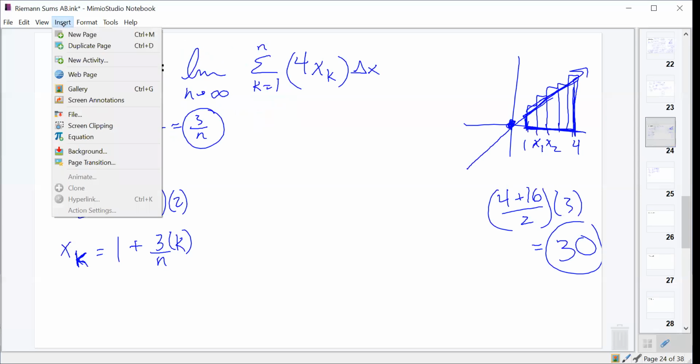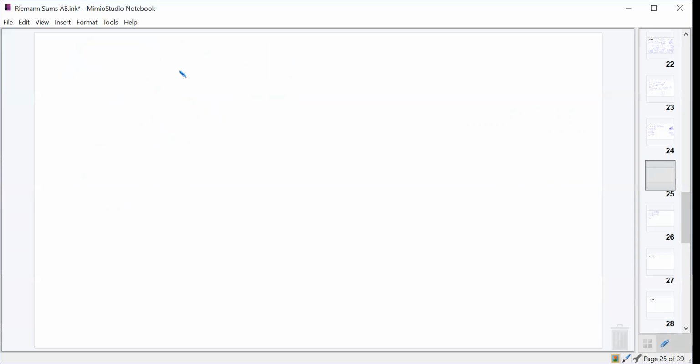Let's go back to what we were talking about yesterday. If we did this from k equals 1 to, let's say, 4 of 7s, what did that equal?